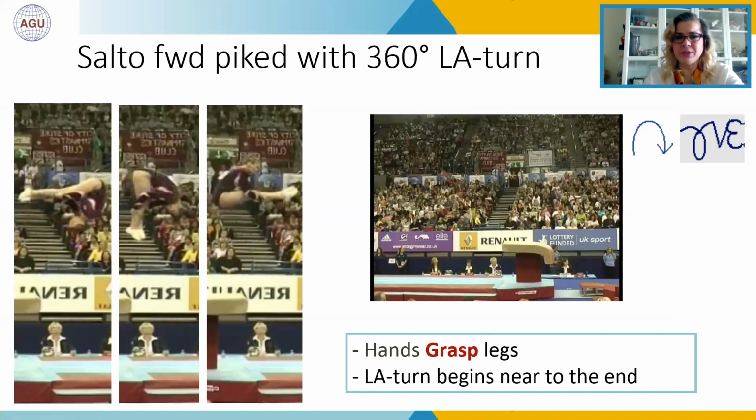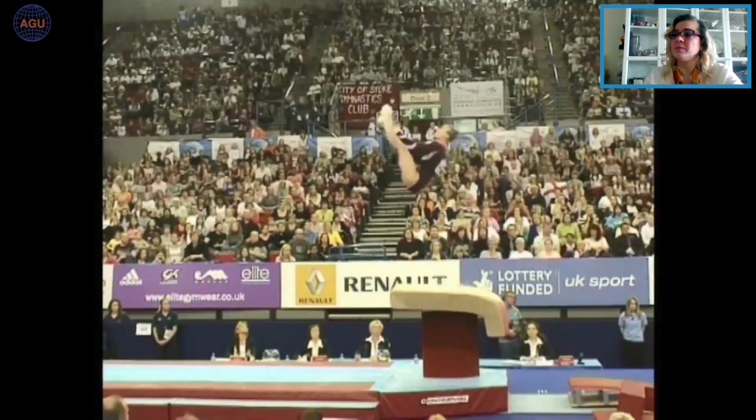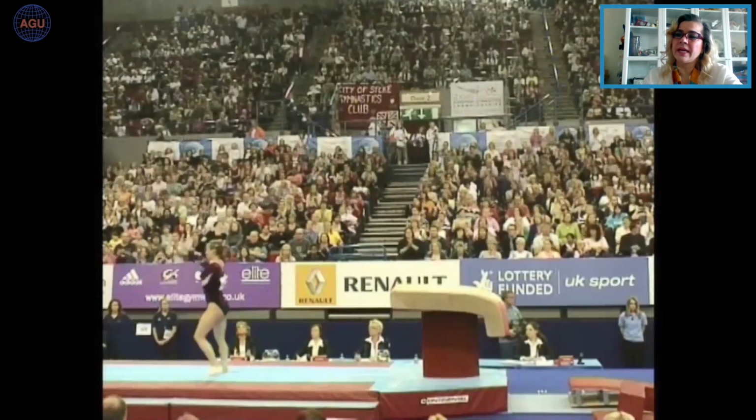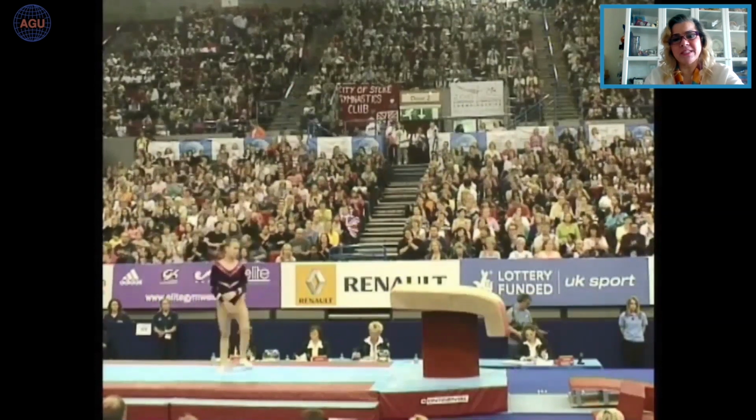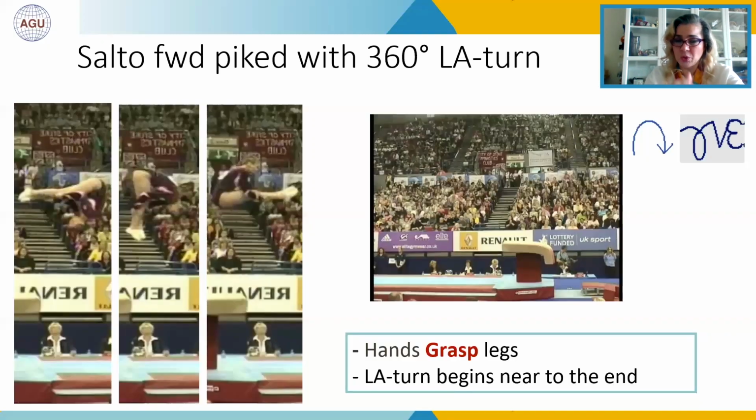Let's see an example about grasping the legs and the turn beginning too late. Yeah, as you could see here, the gymnast started the turn late, and also there was a grasp of the hands to the legs.